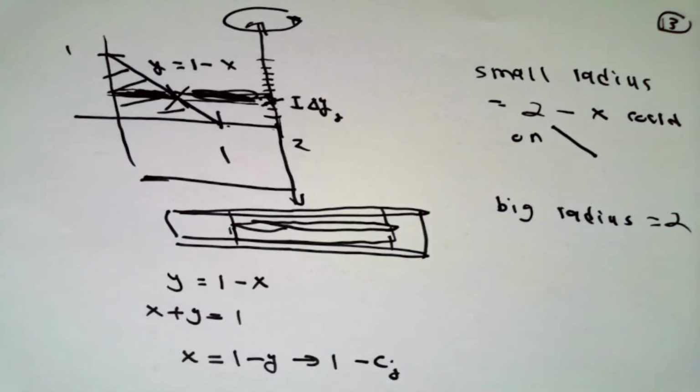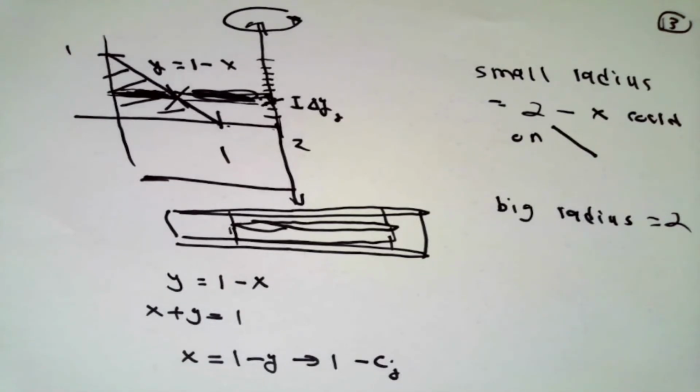Because y is going to end up being the variable of integration, I have to express this x-coordinate on the downward sloping line in terms of y numbers. In particular, the y number that I'm going to pick out of subinterval number j. Since y is 1 minus x, x is 1 minus y, and if y is c sub j, that would be 1 minus c sub j.